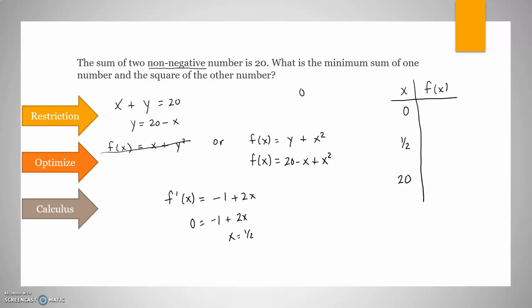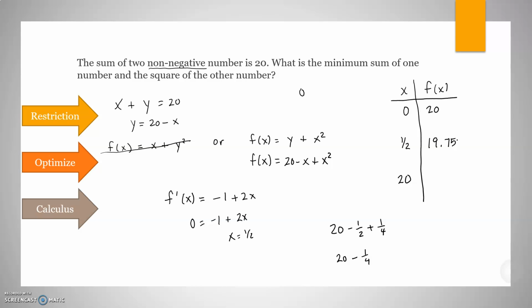If I plug 0 into my function here, I get 20 minus 0 plus 0. If I plug 1/2 in, I get 20 minus a half plus a fourth. So that would be 20 minus a fourth. So that would be 19.75.